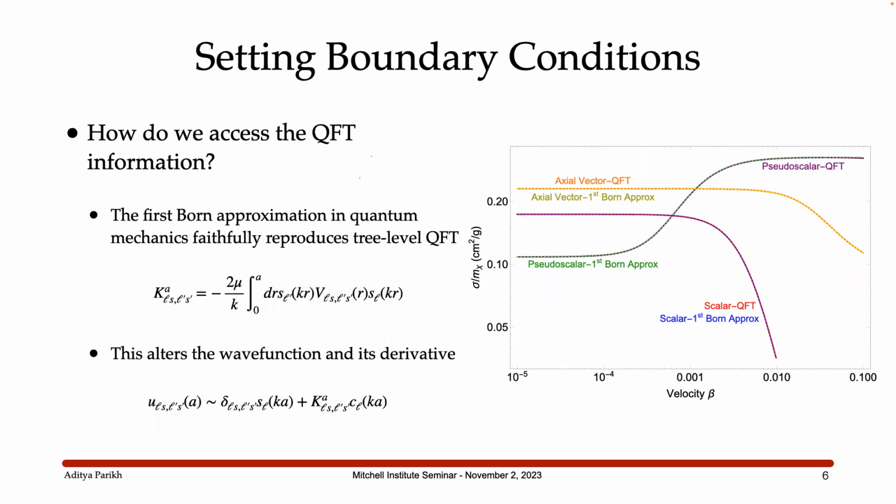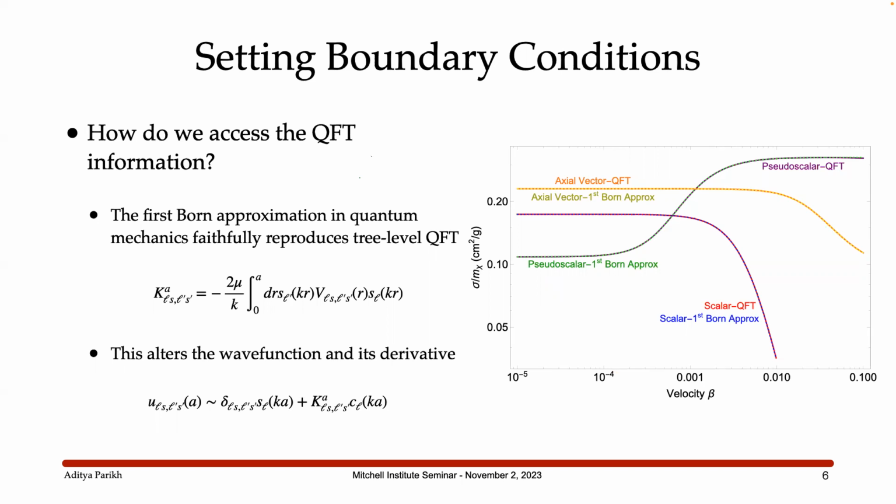This K matrix that I'm putting here is basically a multi-state generalization of the phase shift. If you were to take the one state version of it, this is the equation for tan delta L. And so you can compute this K matrix, and then use that to determine how the wave function is being altered by the physics in that regime from 0 to A.